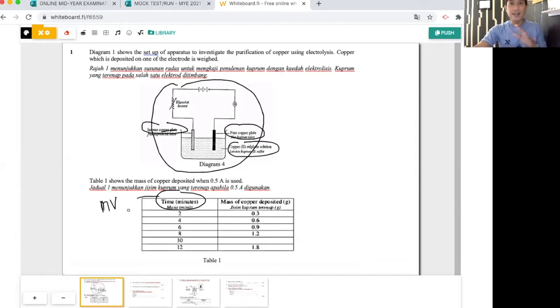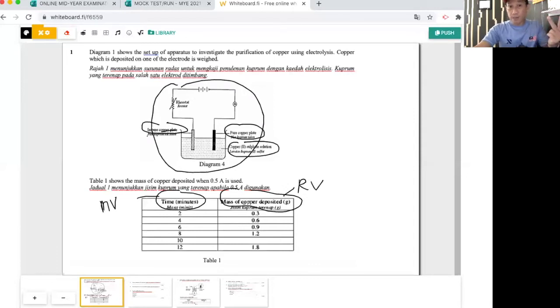It will never change. And then the column on your right will always be for the responding variable.